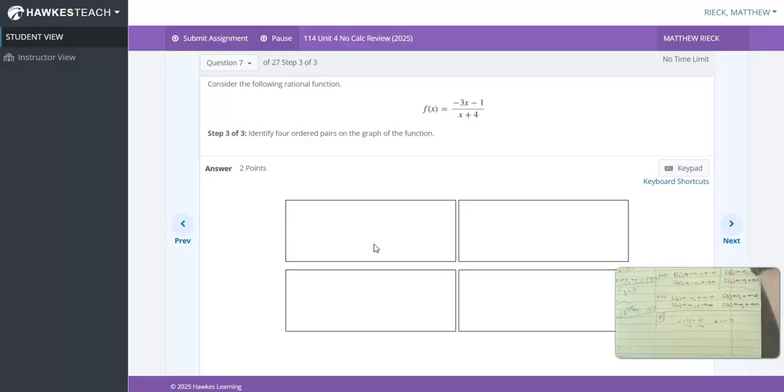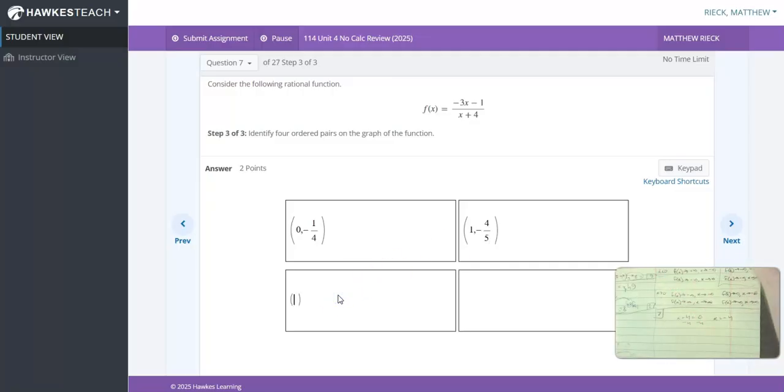All right, and then again here you just got to plug in values for x and see what happens. So we have 0, negative 1/4. If x is 1, we have negative 3 minus 1 would be negative 4, and 1 plus 4 would be 5. What if x is negative 1?